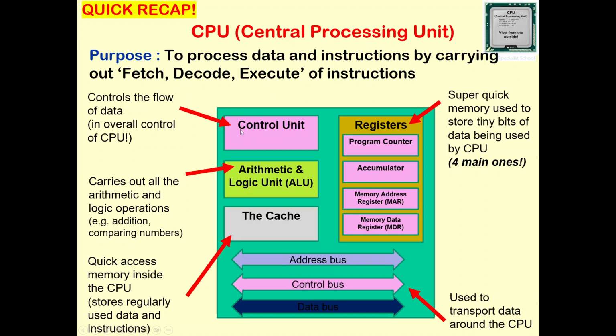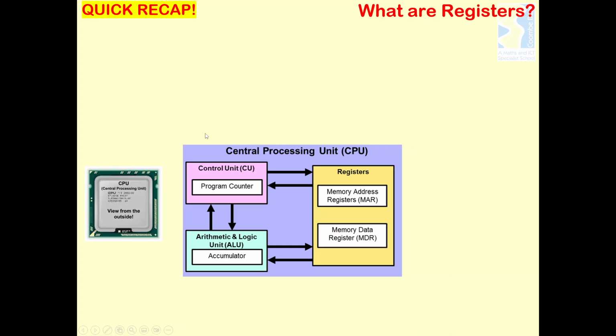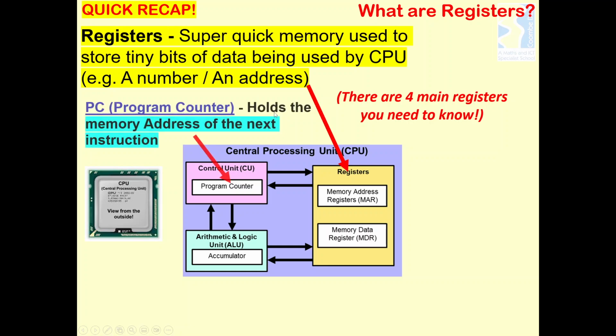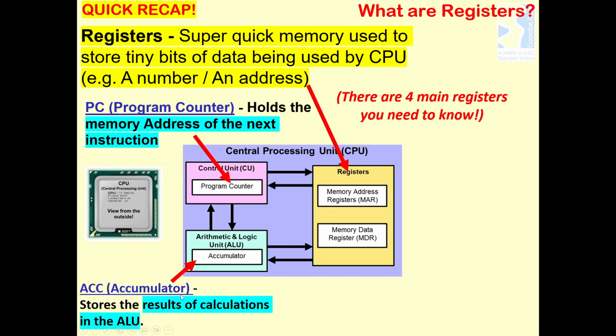Fetch, decode, execute cycle. And we also looked last time at the registers, the super quick memory, the 4 registers where the program counter, which holds the address of the next instruction, the accumulator, that stores the results of any calculations from the ALU.